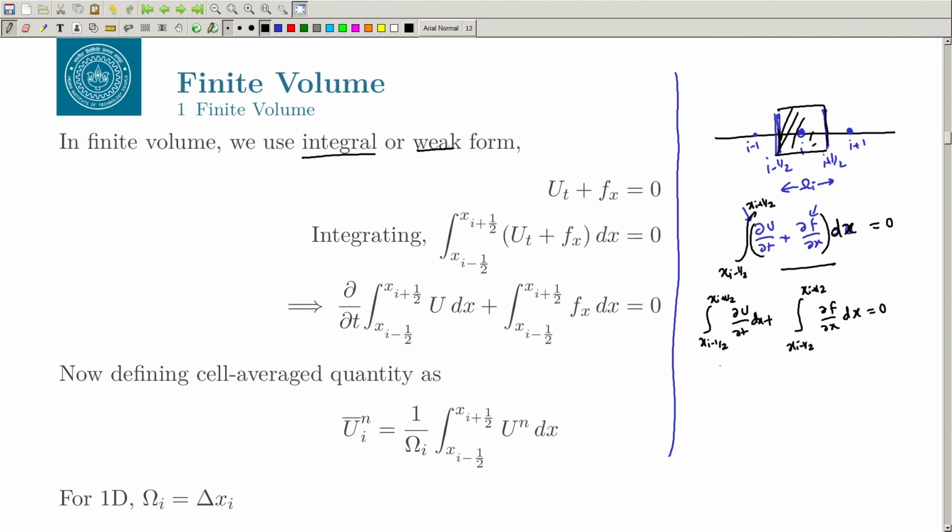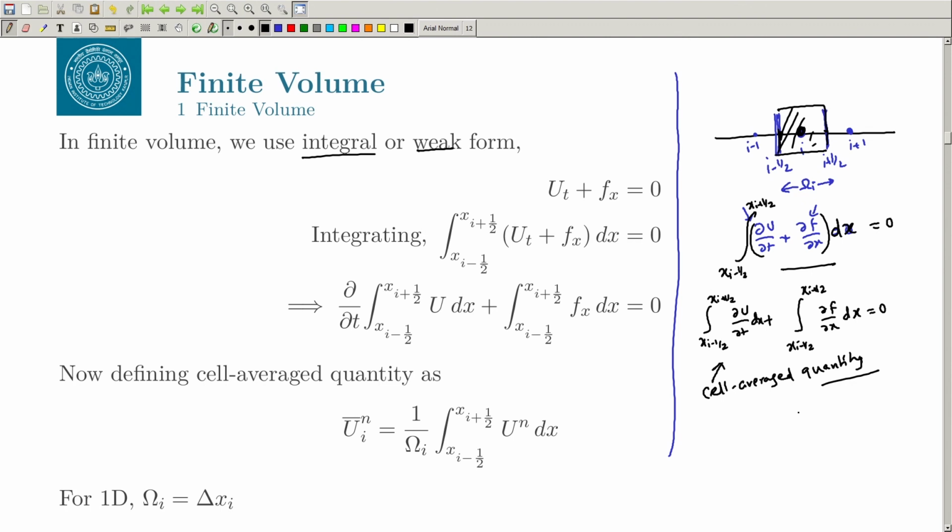Right. Now, what are we going to do? We are going to define a cell average quantity. That means the value residing at the cell center is the average of the value. So, your u may have variations from I minus half to I plus half, but we can take an average of that.